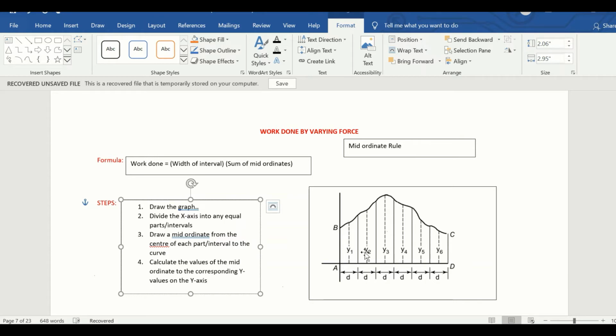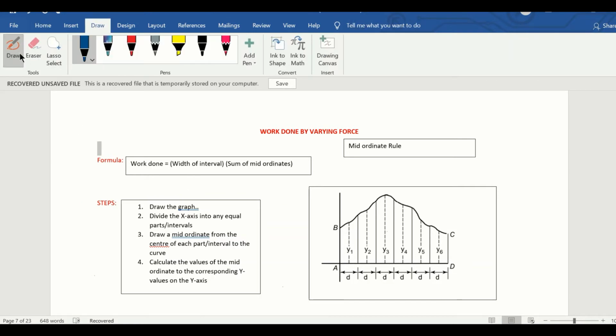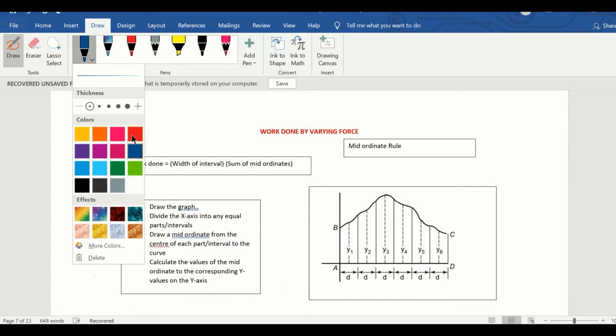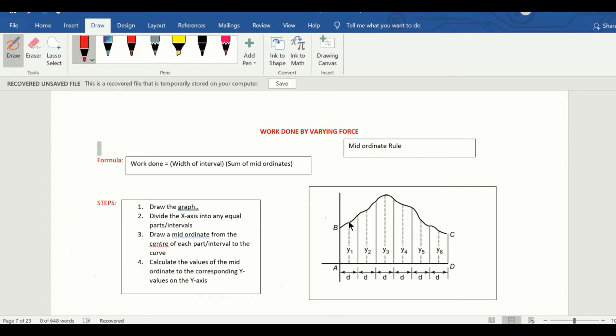To get the value of your mid-ordinates, you take your ruler and pencil and draw from the curve to the y-axis. Whatever you get here is your y1. From the curve to the y-axis, whatever you get is your y2. The same for y3, and the same thing for y4 to y6.